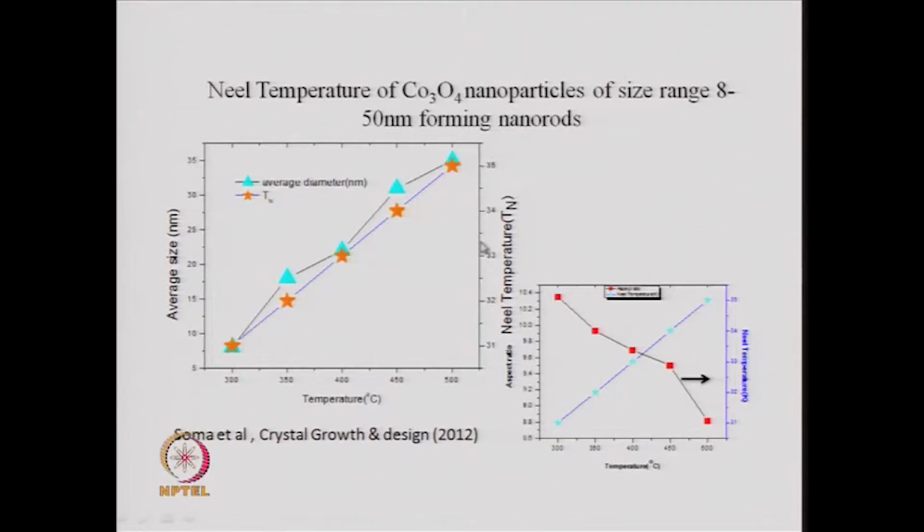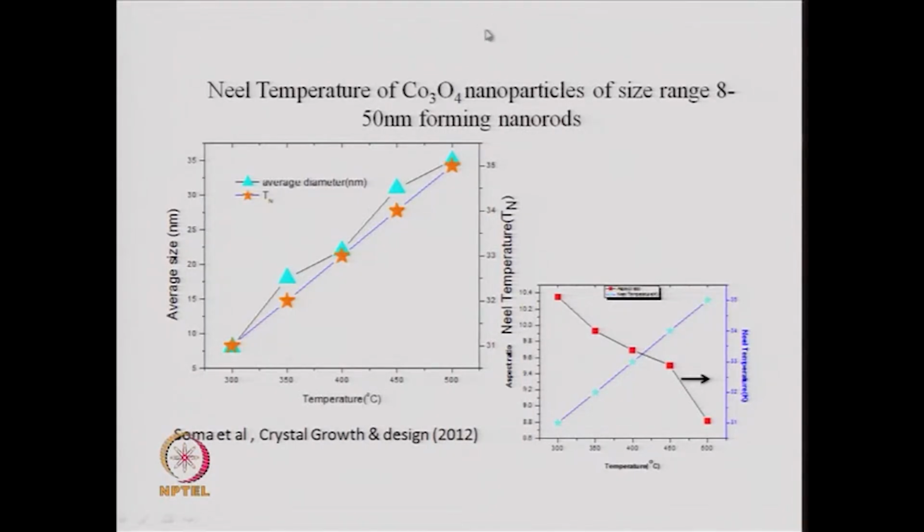This is Néel temperature on this axis, whereas if you decrease the size of the particle to say around 7-8 nanometers, then the Néel temperature goes down to 31 Kelvin. Note that the micron sized particles have a Néel temperature somewhere up there.